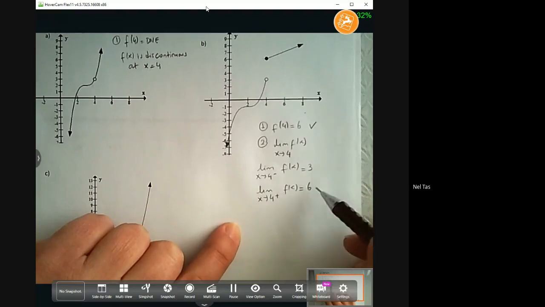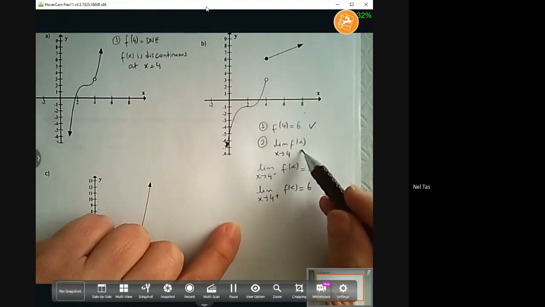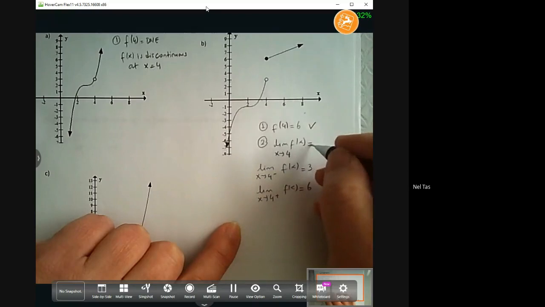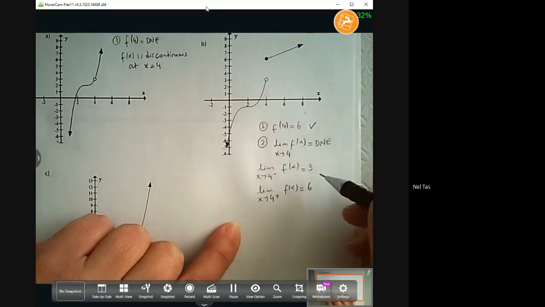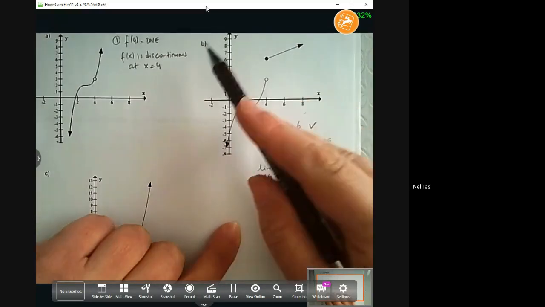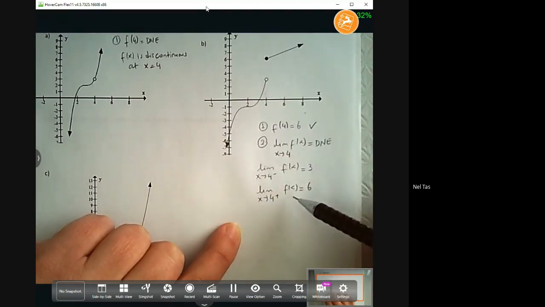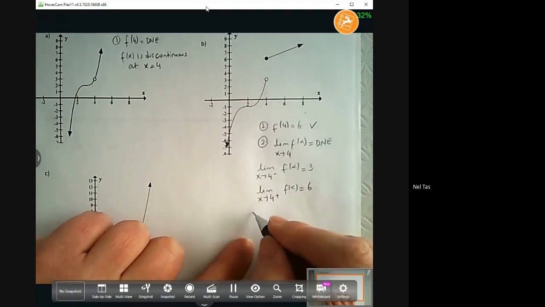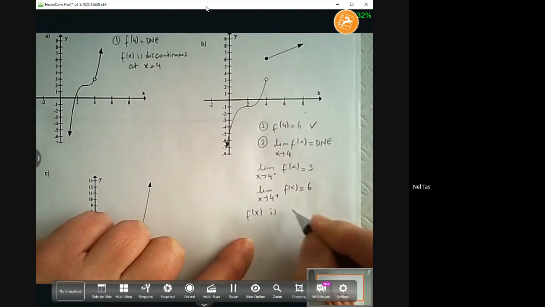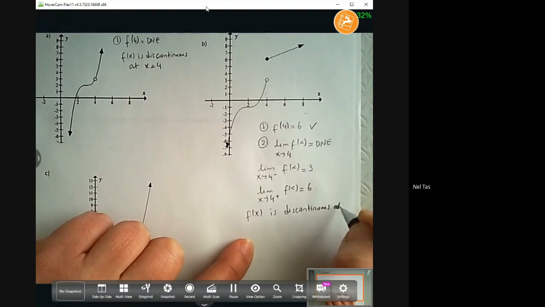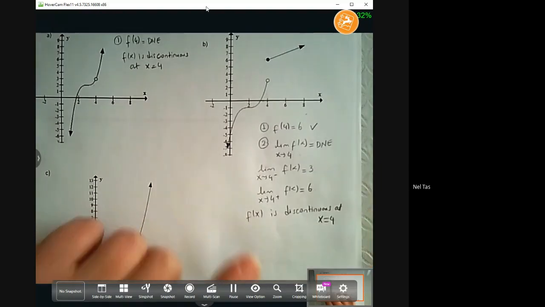So the limit of f of x as x approaches 4 does not exist because the left side limit is not equal to the right side limit. So part b fails the second condition. Then we don't need to check the third condition. It failed the second one. We say f of x is discontinuous at x equals 4.